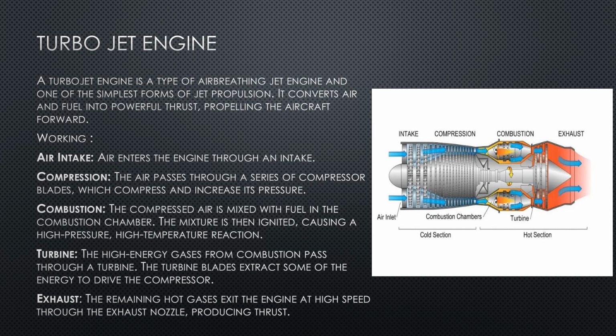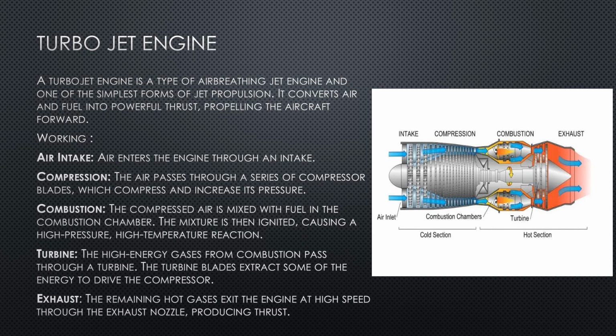The air passes through a series of compressor blades which compress it and increase its pressure with the help of stator and rotor. Then the third stage is the combustion chamber. The compressed air is mixed with the fuel in the combustion chamber. The mixture is then ignited, causing a high pressure and high temperature reaction.